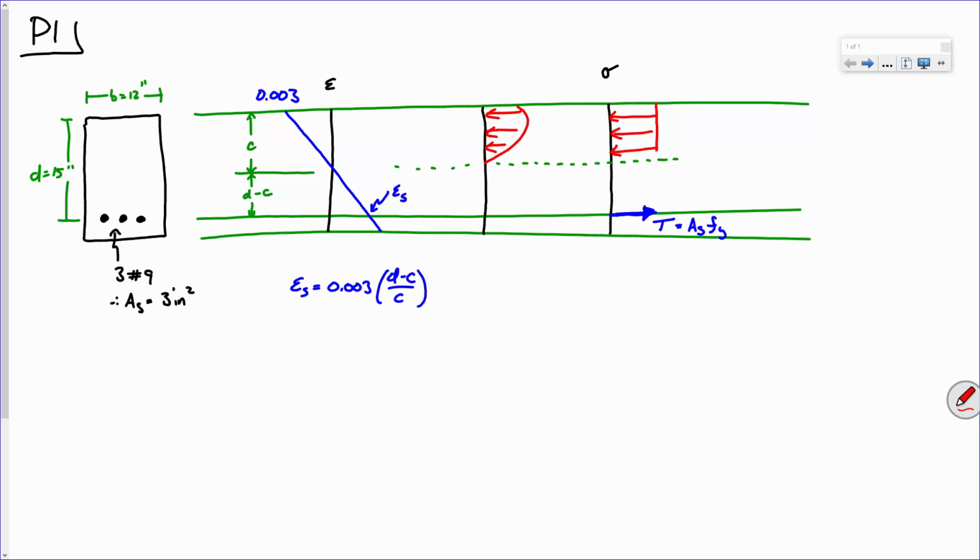Something like that, okay? Now, how wide is that stress block? It is 0.85 f'c. Remember that?